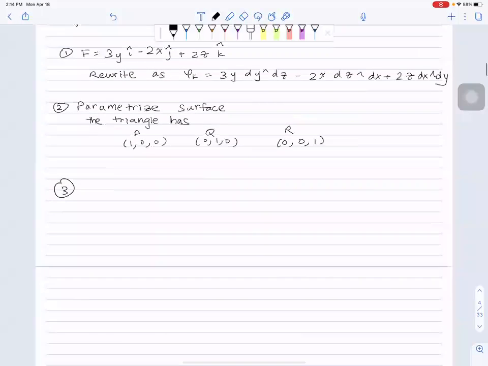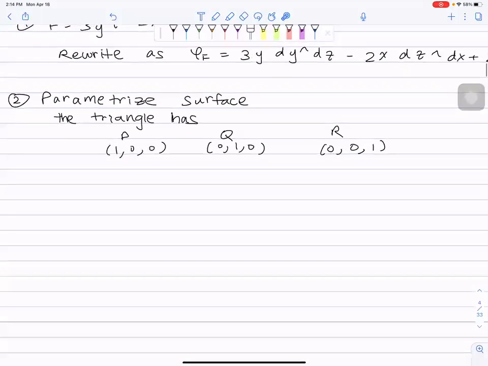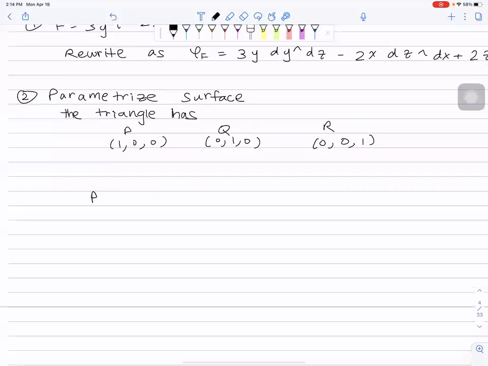So let's try. We have these 3 points here. Let's find 2 vectors. I chose PQ. What is PQ? 0 minus 1, 1 minus 0, 0 minus 0, so that gives negative 1, 1, 0.